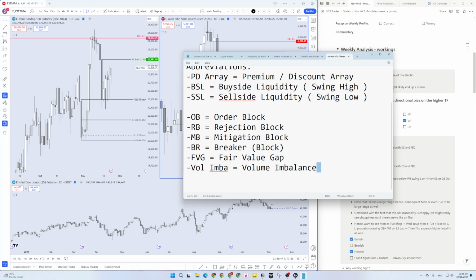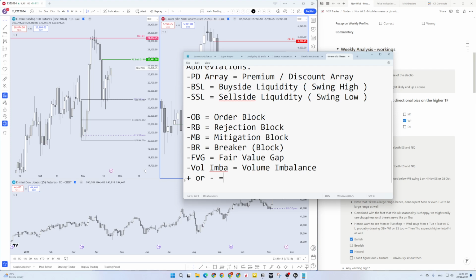Okay. Now, if you see on my screen, you usually don't see just OB, RB, MB. You usually see a sign after that. Okay, I'll usually use a plus or minus after each of these letters. So what does each of these mean?